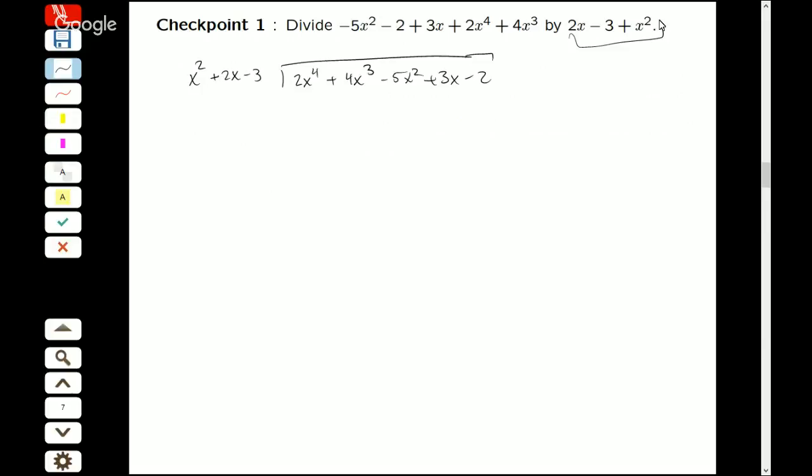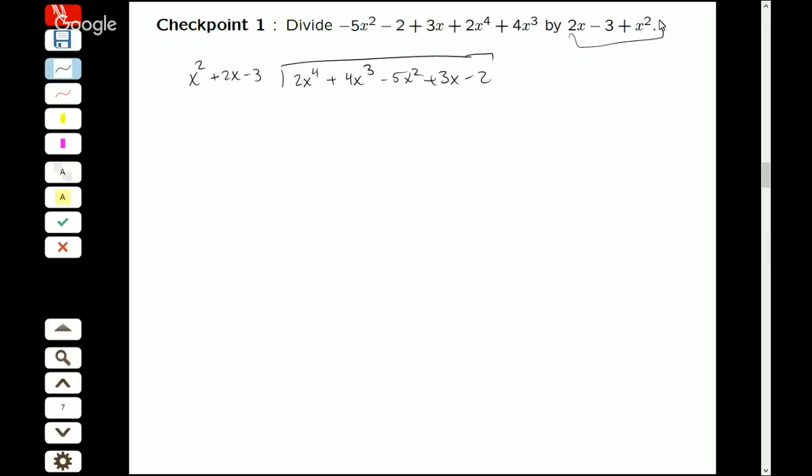So how many times would it multiply to be the x squared term? So you're figuring out the one that has 7. And then you're going to multiply that times 2x squared, which gives 2x to the 4th.